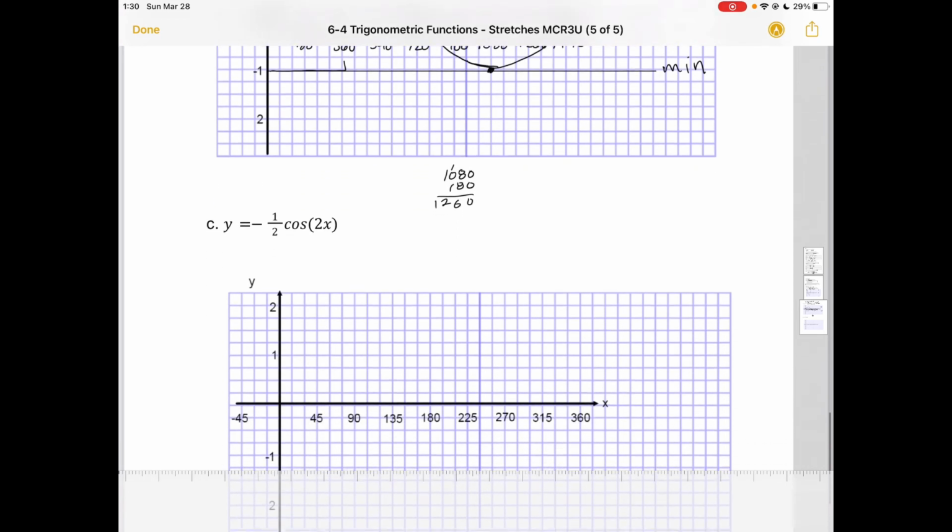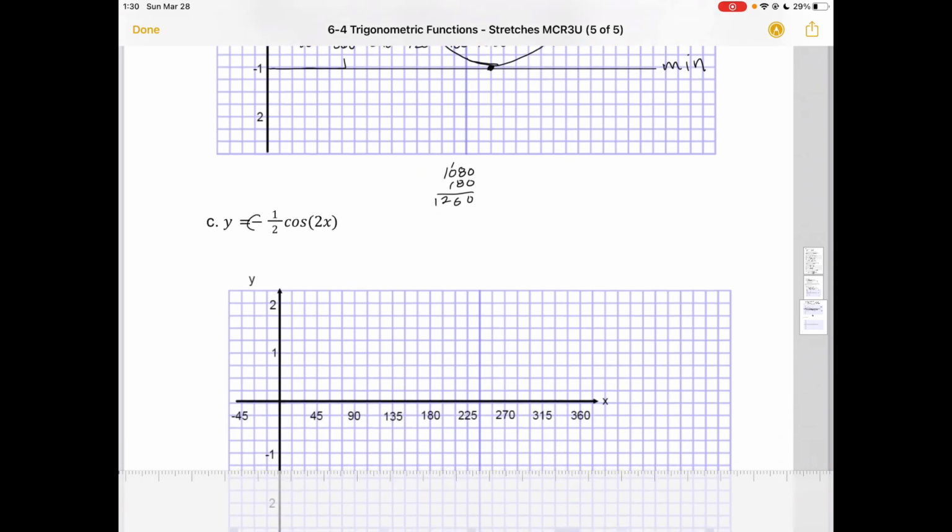Let's do one more example. Here I've got 3 transformations happening. I've got a vertical reflection. I've got a vertical compression by half. And then I've got a horizontal compression by a half.